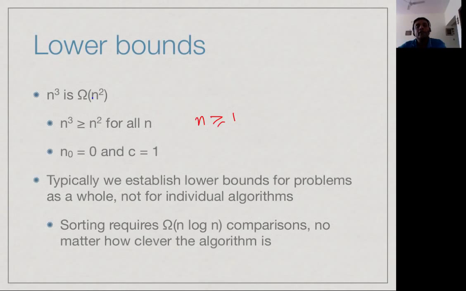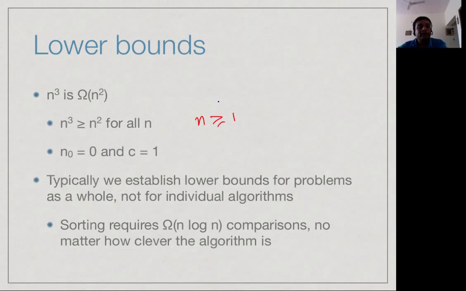What we would like to say is that this problem takes at least so much time. No matter how you write the algorithm, it's going to take at least so much time. So typically, to make a useful lower bound statement, we say that a problem takes a certain amount of time no matter how you try to solve it. So the problem has a lower bound rather than an algorithm has a lower bound.